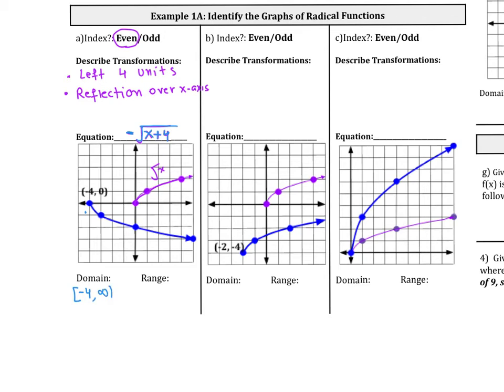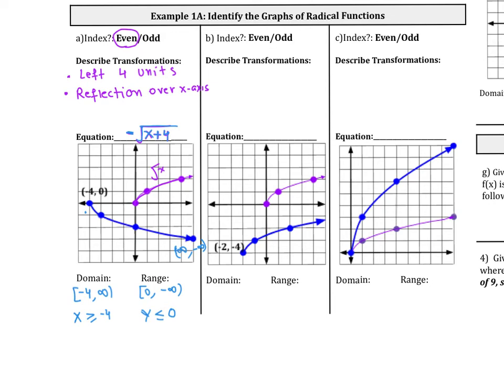In this quadrant x is positive and y is negative. So x is greater than or equal to -4. For the range, it starts from 0 and goes to -infinity, so y is less than or equal to 0.